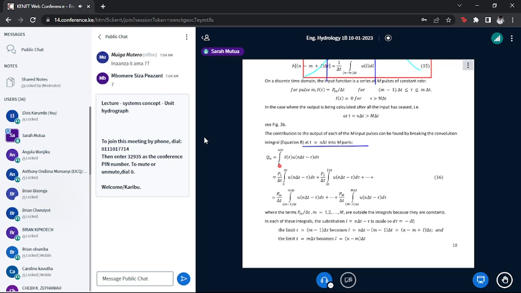So you notice the Q of n, this n dt is broken into M parts, until we get to the M dt, until we get to the end of the rainfall. That is during the rainfall period.